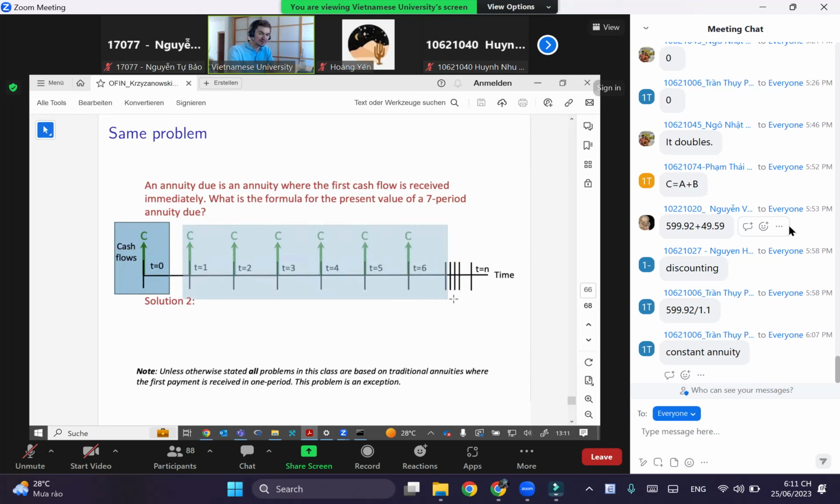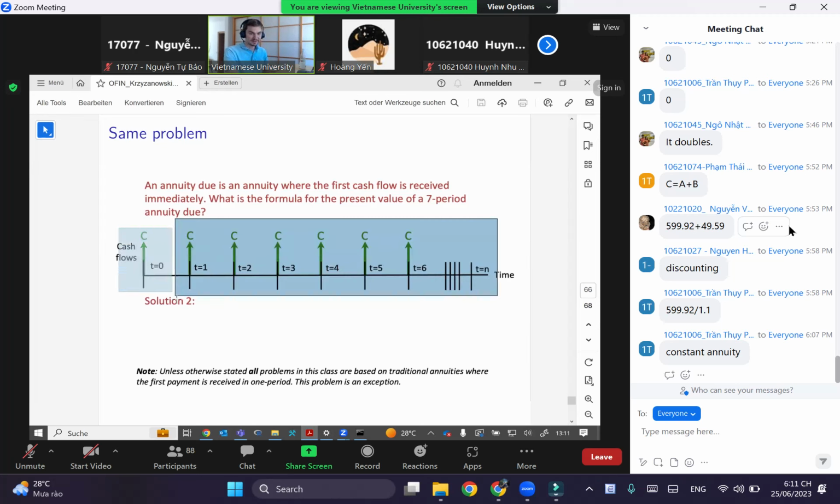This we can calculate with the formula of a constant annuity, and we then add the present value of the cash flow received in period 0. The present value of a cash flow received in period 0 is C. So the result would be to apply the formula for the constant annuity plus C.